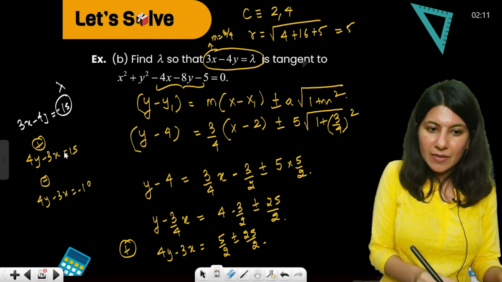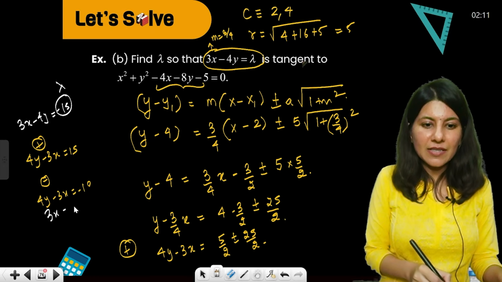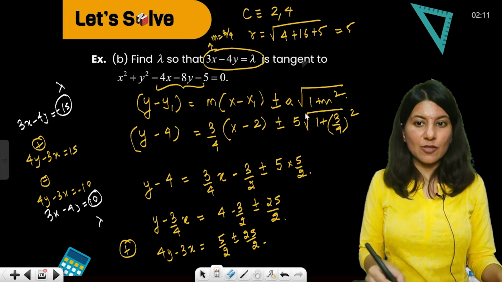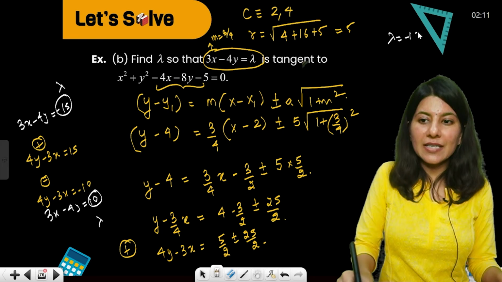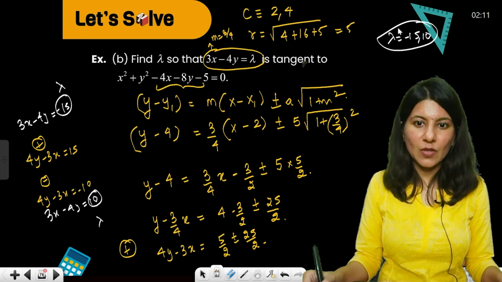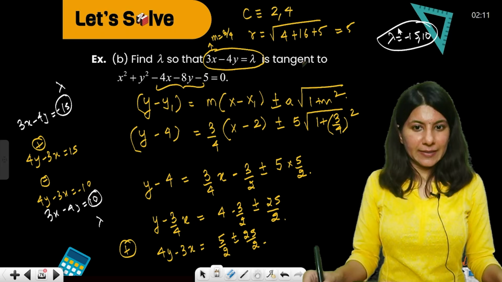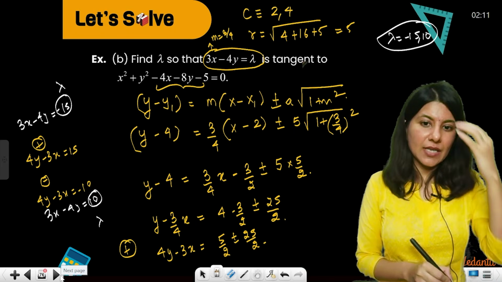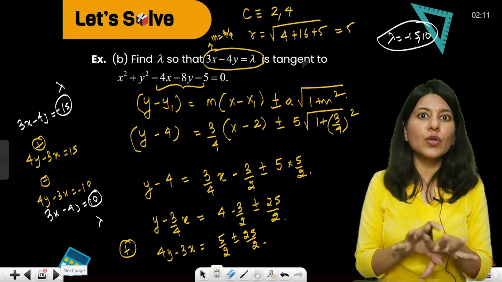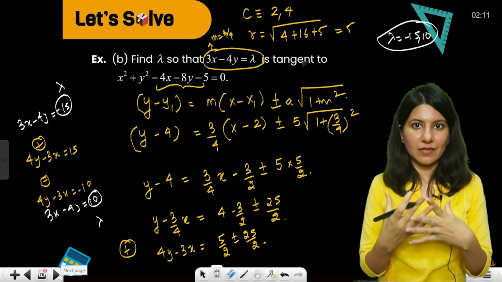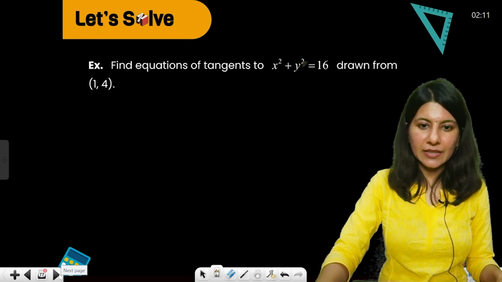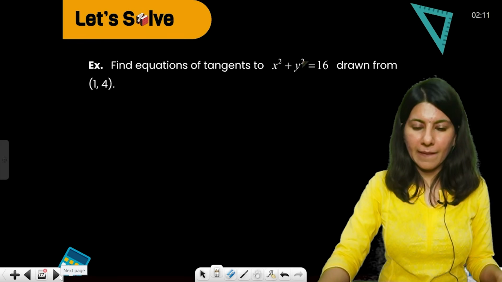So your lambda becomes minus 15. 3x minus 4y equals plus 10. So lambda becomes plus 10. So you're getting two values of lambda, minus 15 and plus 10. Both will work in your case. All right. So this is how it is done. You just calculate the equation of tangent in your own terms, and then you can compare.